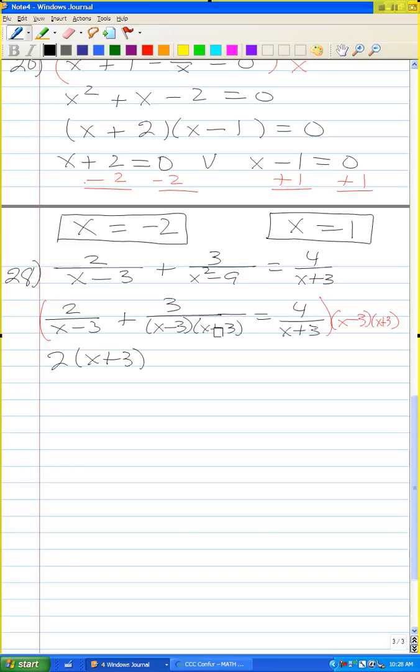The x plus 3's cancel in the second term, so you just have 3. Let me start that again. The x minus 3's cancel, x plus 3's cancel, so you just have 3.